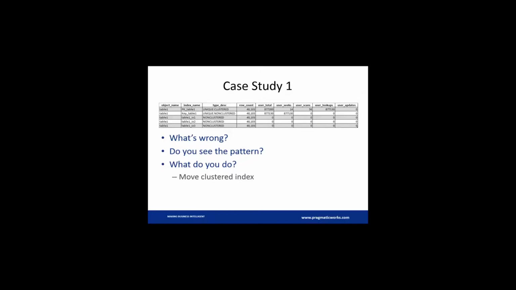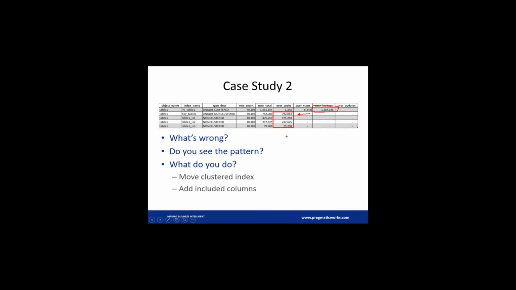Now, another scenario that I see quite a bit is where you end up getting a lot of user seeks on the non-clustered indexes, and maybe there's one that's a little bit higher than most, but it's kind of distributed amongst all of those.